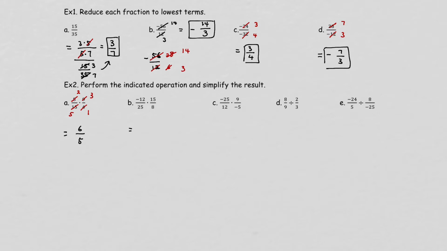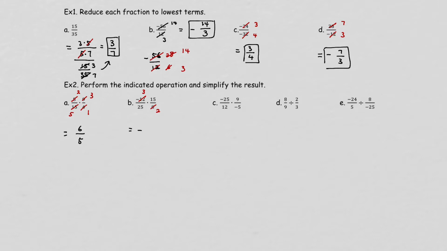So this one, let's try that again. 4 goes into 8 2 times. 4 goes into 12 3 times. And don't forget, your solution will be negative because I only see one negative, right?